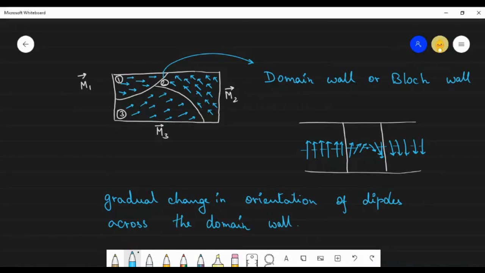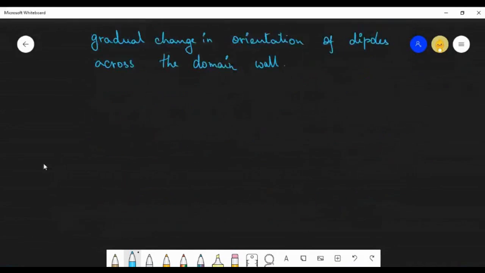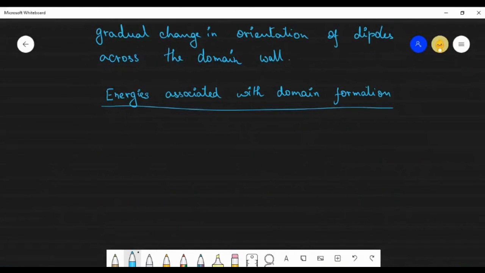There are various energies associated with the formation of domains, and these are responsible for the strong magnetization observed in the case of ferromagnetic material. So, the energies associated with domain formation can be listed as exchange energy.